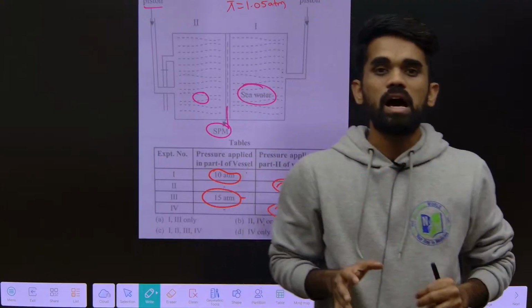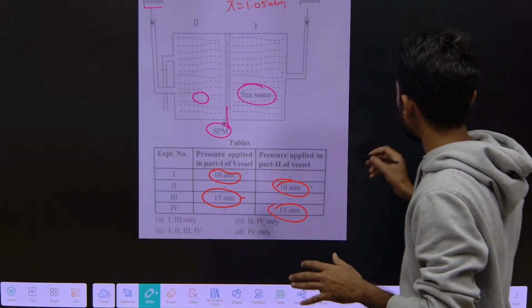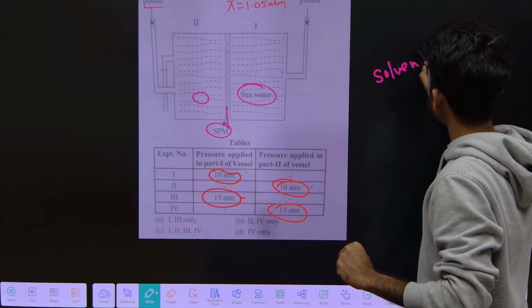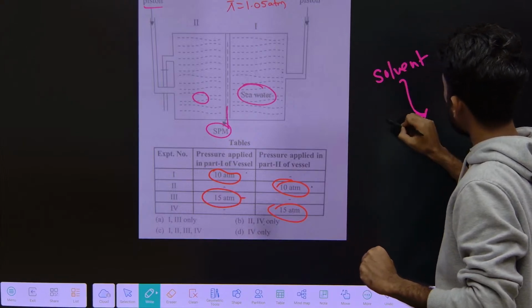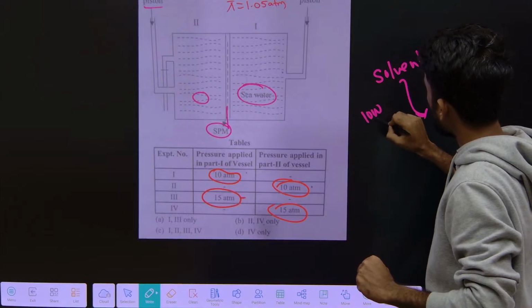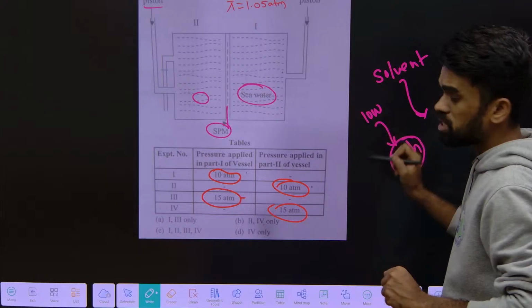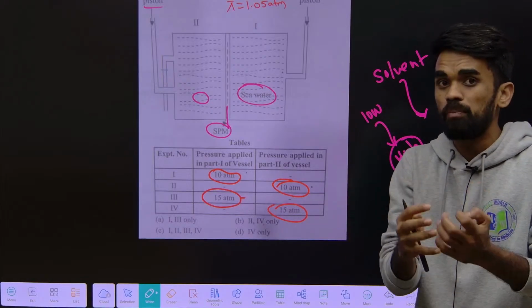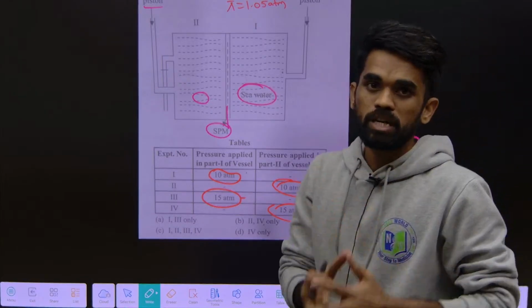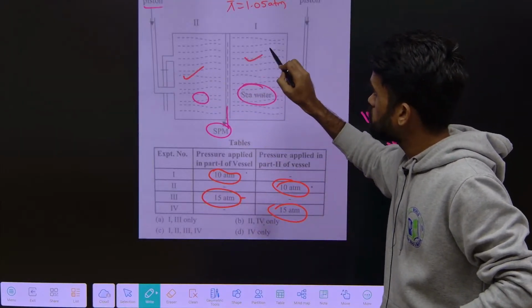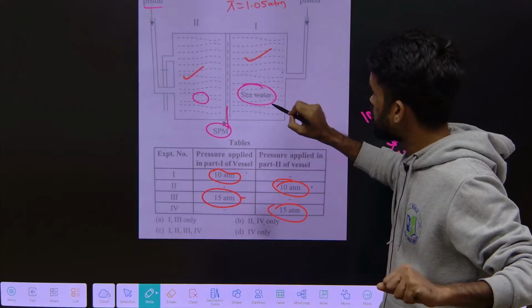See, what do we mean by osmotic pressure? Osmotic pressure relates to the spontaneous flow of solvent molecules from low concentration to high concentration of the solution. This is osmotic pressure. See here, in the sea water, what is the solvent?